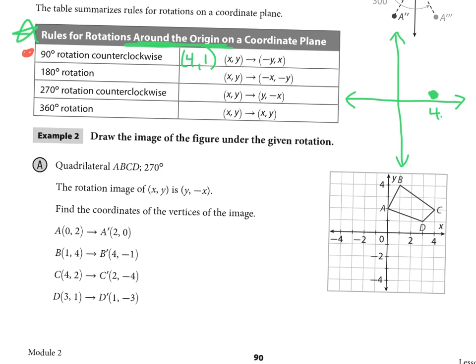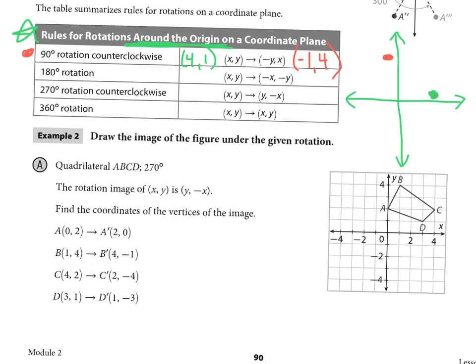So if I rotate this 90 degrees, that point is going to end up right here. See how close the green point is to that axis? That makes it so we can see where they're getting negative y, x from. We would have negative 1, 4.